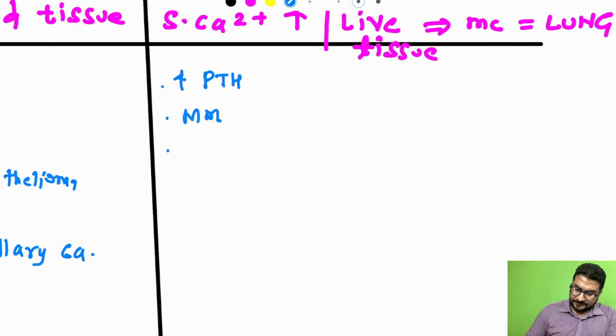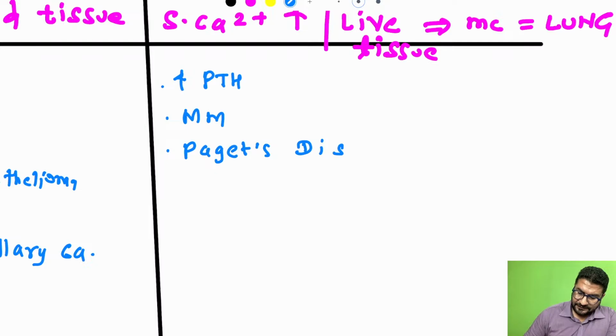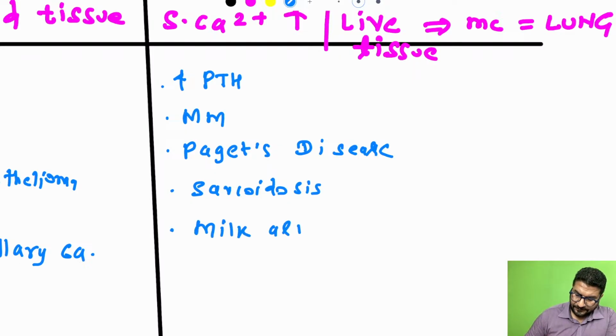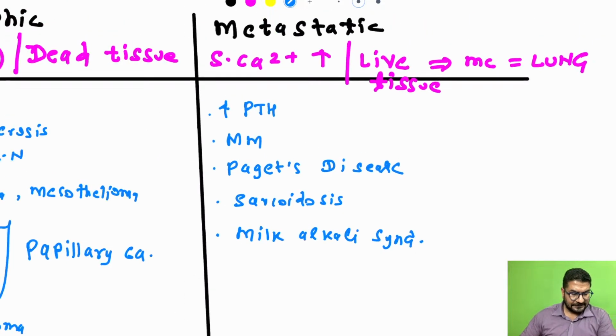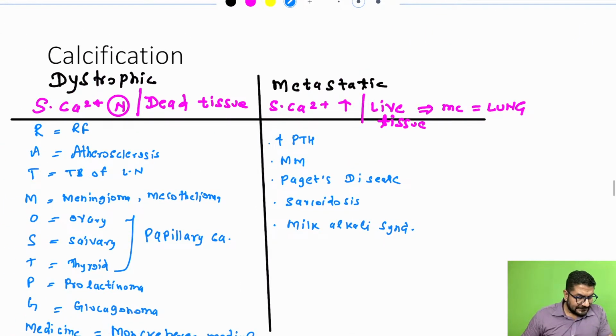You can see this in Paget's disease. Then there is a condition called sarcoidosis. And the last and the important one is milk alkali syndrome. So these are the examples of metastatic calcification.